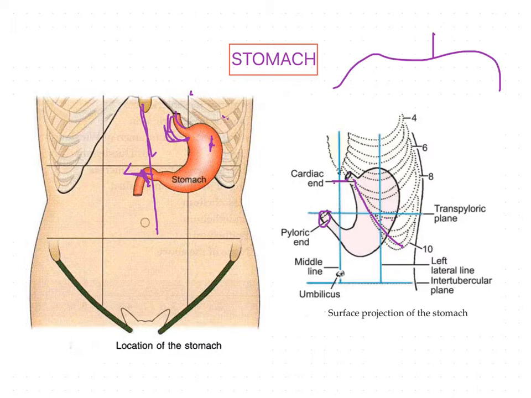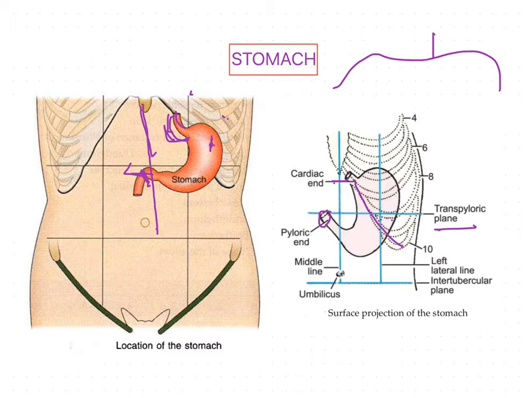So this pyloric end is located at the level of L1 vertebra, or simply the transpyloric plane.